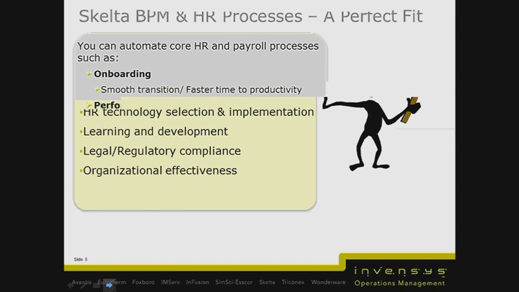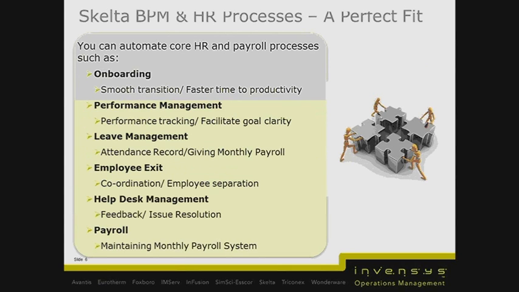Moving on to, let's say, some of the processes that you have in human resource, you can look at some of the typical processes like onboarding, performance management, leave management, employee exit, or help desk management.